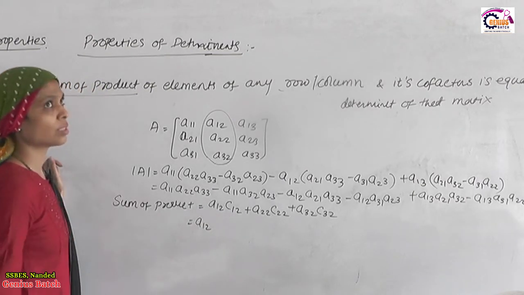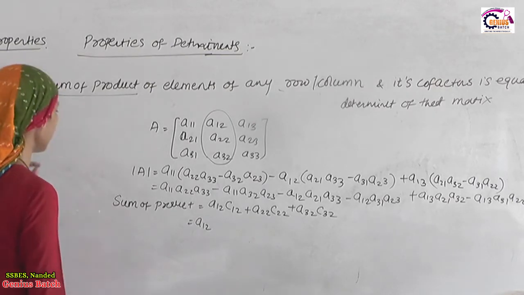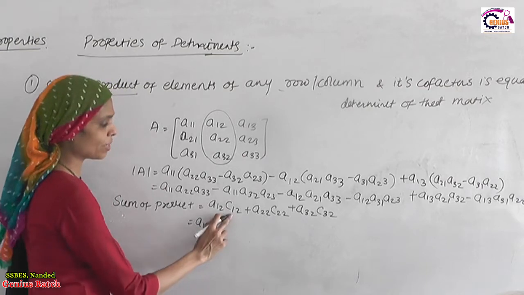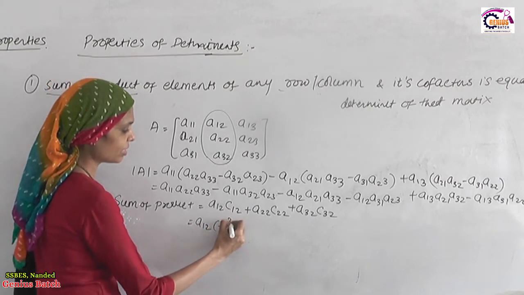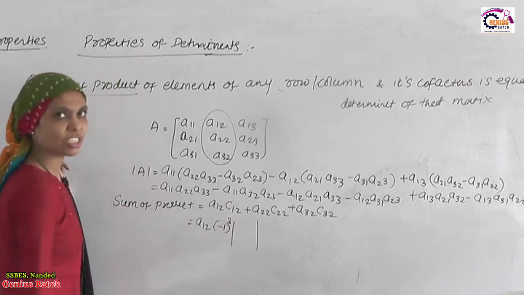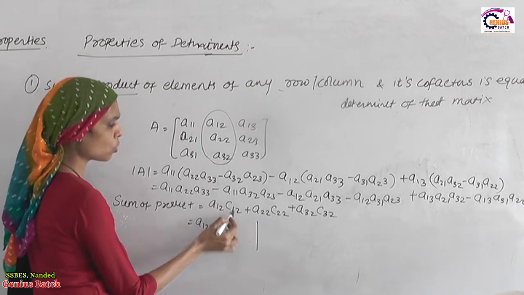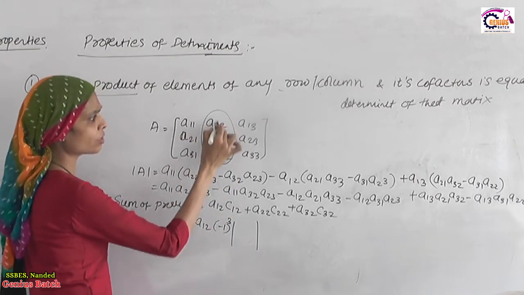A12 into C12: C12 is the cofactor, so it is minus 1 raised to i plus j, so minus 1 raised to 1 plus 2, that is minus 1 cubed, into Mij, the determinant obtained by deleting the first row and second column.